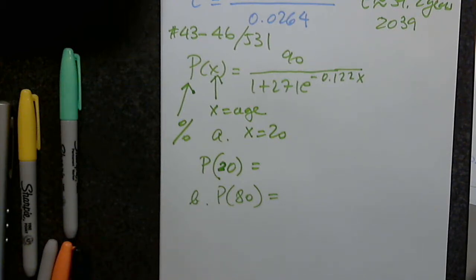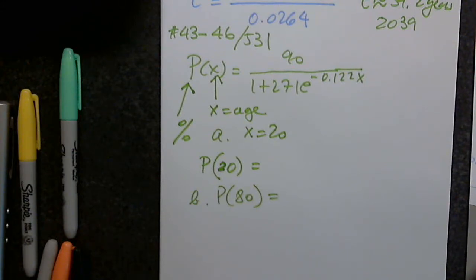So first, let's finish this one up. Let's go to y equals, and please clear if you have anything in there. Let's punch in 90 divided by 1 plus 271 times e. Here's e right here with natural log. Don't forget parentheses.